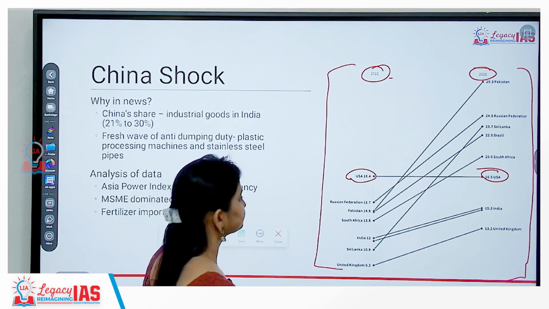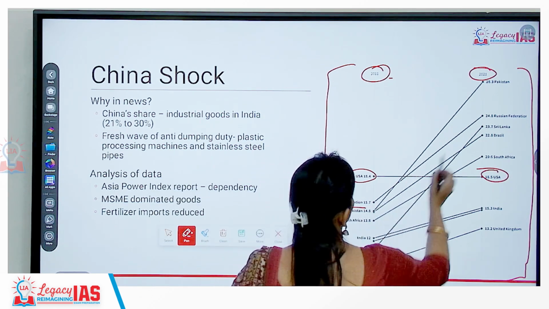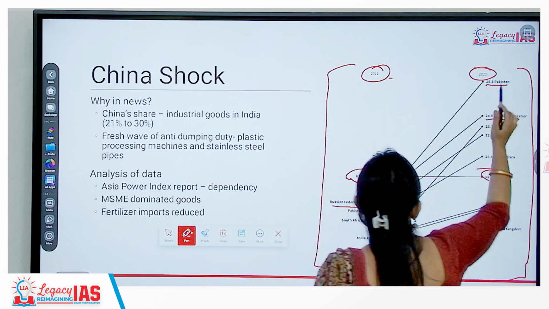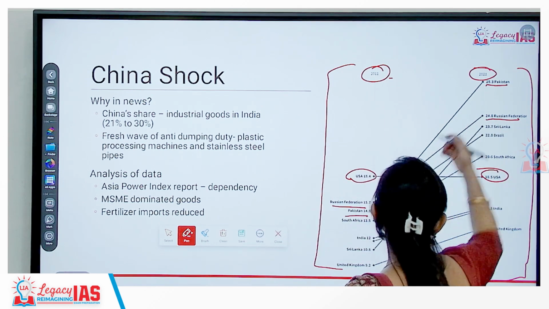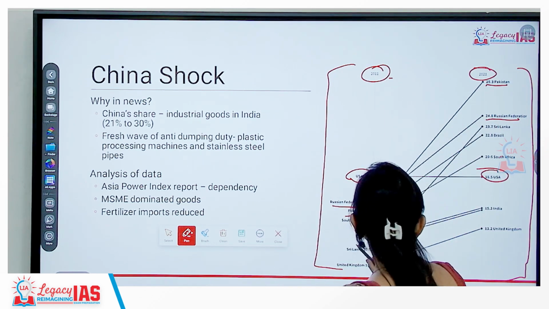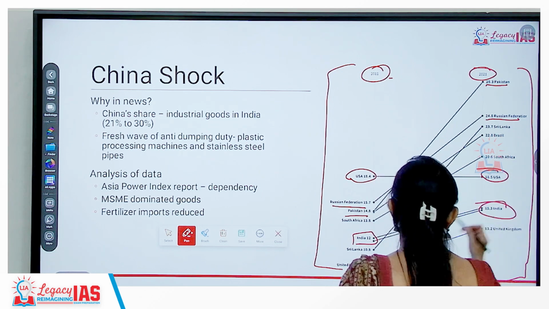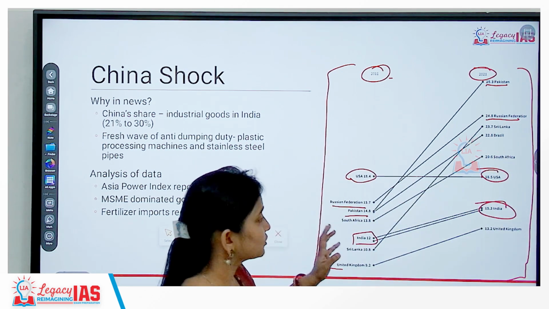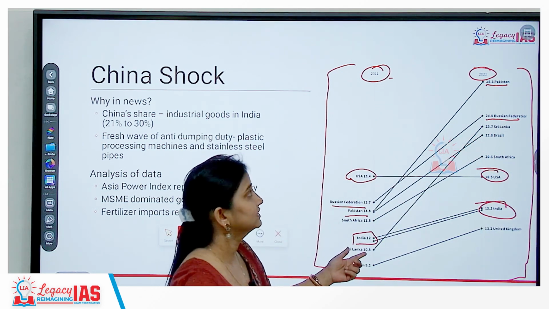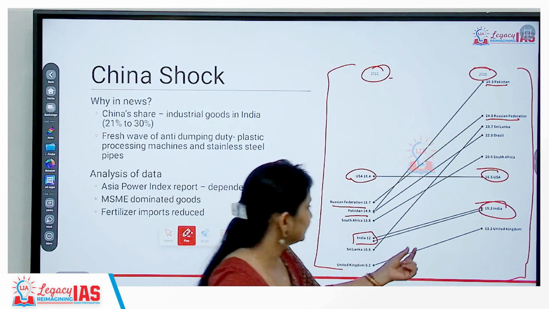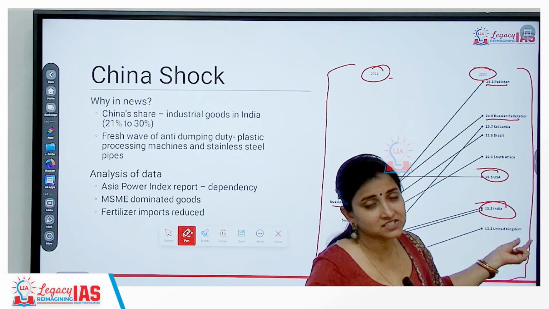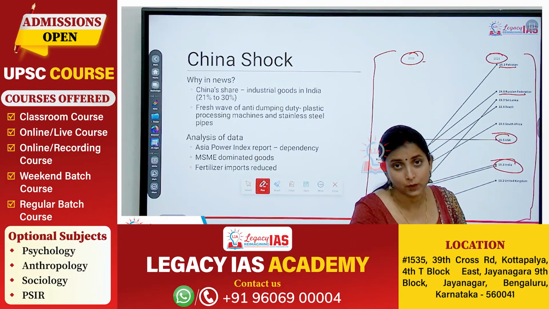ठीक है? But see, Russia, drastic increase. Pakistan, one of the largest increases, ठीक है? India में भी the imports have increased, ठीक है? 12% of manufacturing we were importing from China in 2011 and 15.3% we were importing in 2021, ठीक है?